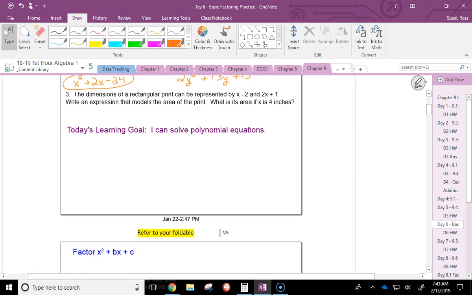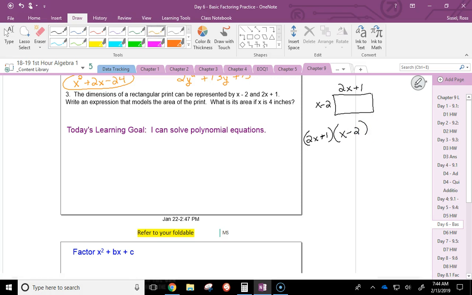Alright. The dimensions of a rectangular print. So anytime I have anything like this, I go ahead and draw it real quick. They are represented by x minus 2 and 2x plus 1. Write an expression that models the area of the print. Well, we know area is length times width. So we would have done 2x plus 1 times x minus 2.